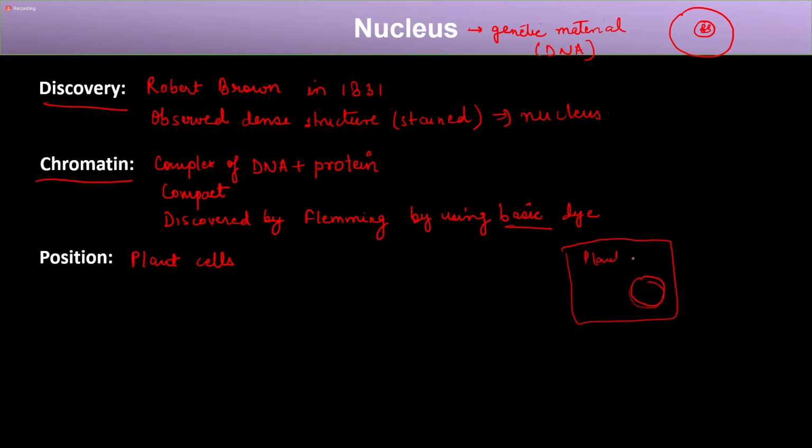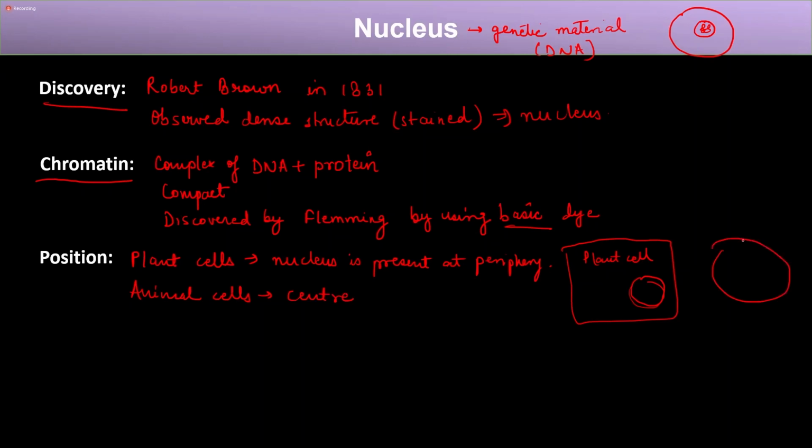So in a plant cell, the nucleus is present at the periphery. But in the case of animal cells, it is present at the center. In animal cells, the nucleus is present at the center. Okay. So you have this plasma membrane, and the nucleus is present somewhere here.